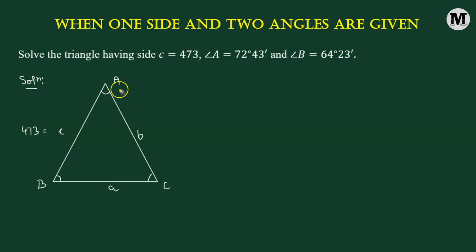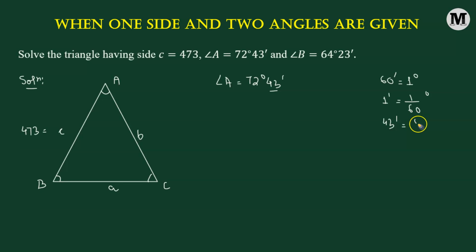Then we have the angle measure of A, given as 72 degrees and 43 minutes. So we'll convert these 43 minutes to degrees. That is going to help us with the calculation. Here we have to remember that for every 60 minutes we have 1 degree, which means every 1 minute corresponds to 1/60 degrees.